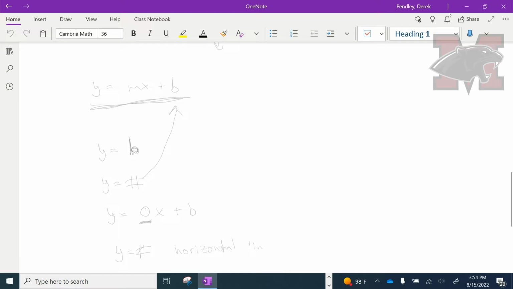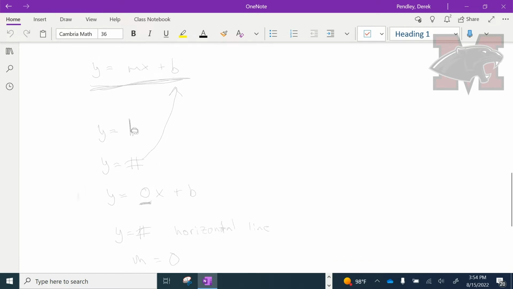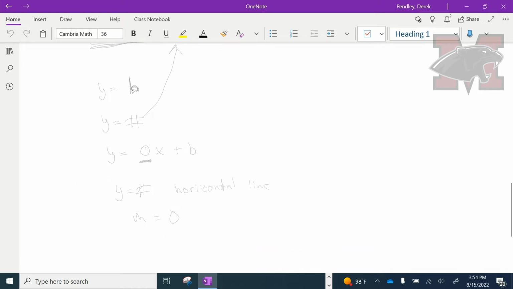This is where your slope is 0. And we just proved that using the slope-intercept form. So we took slope-intercept form and compared it to a horizontal line. Well, the only thing that's going to make that true is if the slope was equal to 0. But here's where we run into a problem: what if we have x equal to something? X equal to some number is a vertical line.